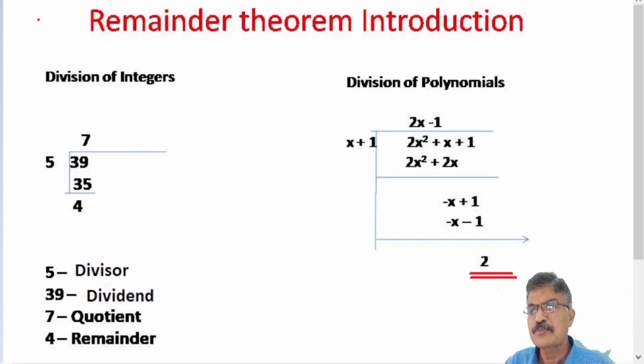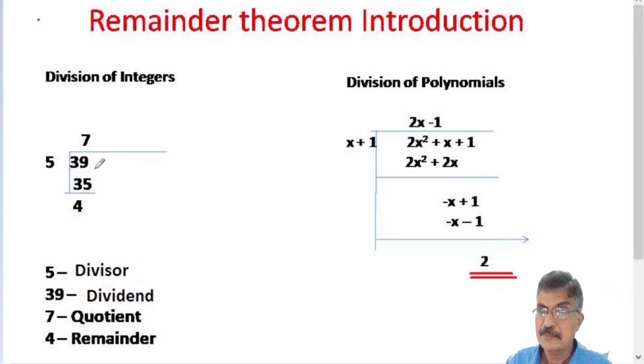This is the division of polynomials. In the case of dividing two integers, if the remainder is 0, then this divisor is called one of the factors of the dividend. Am I right?